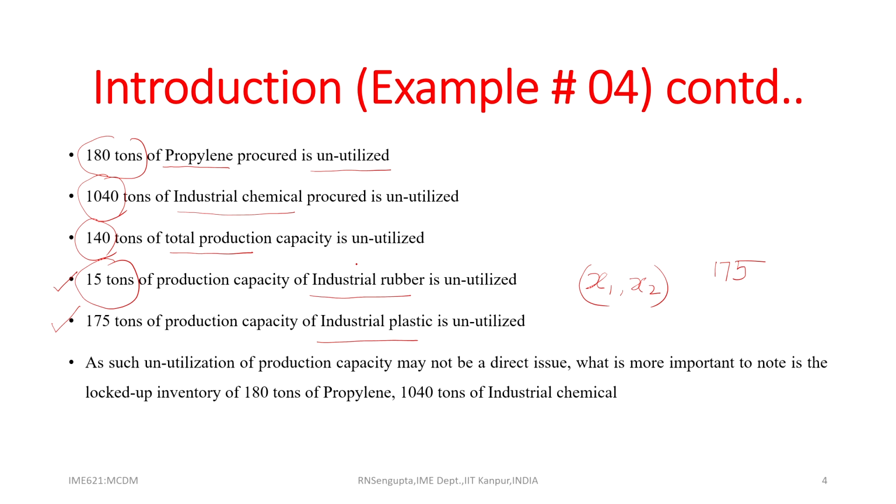Now, if I consider the first 3 points: unutilization of propylene, industrial chemical, and the total capacity. As I mentioned, if you have procured at the beginning of the month, they would be unutilized and can be utilized in the next month, which is fair.